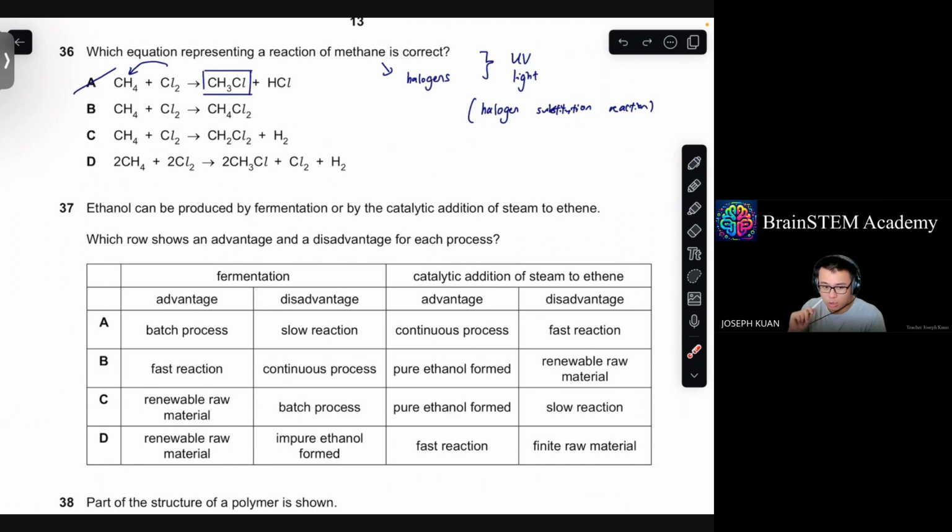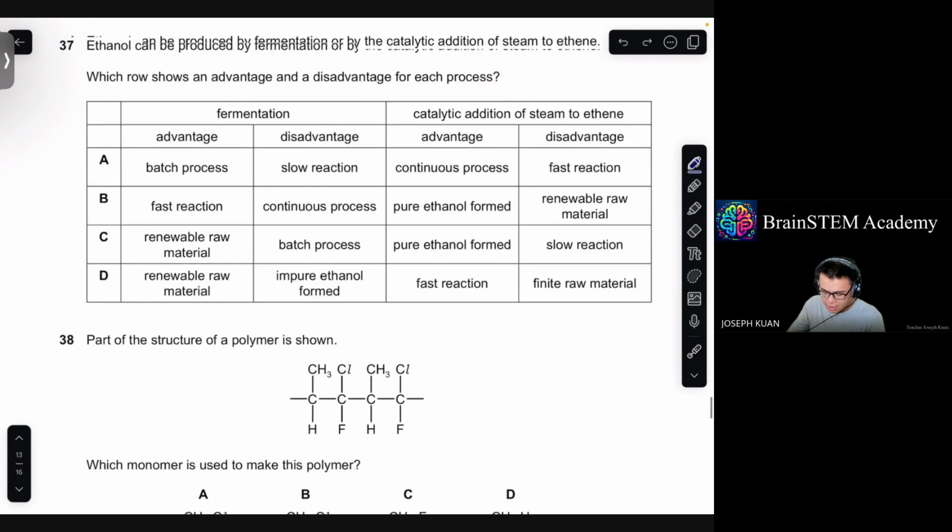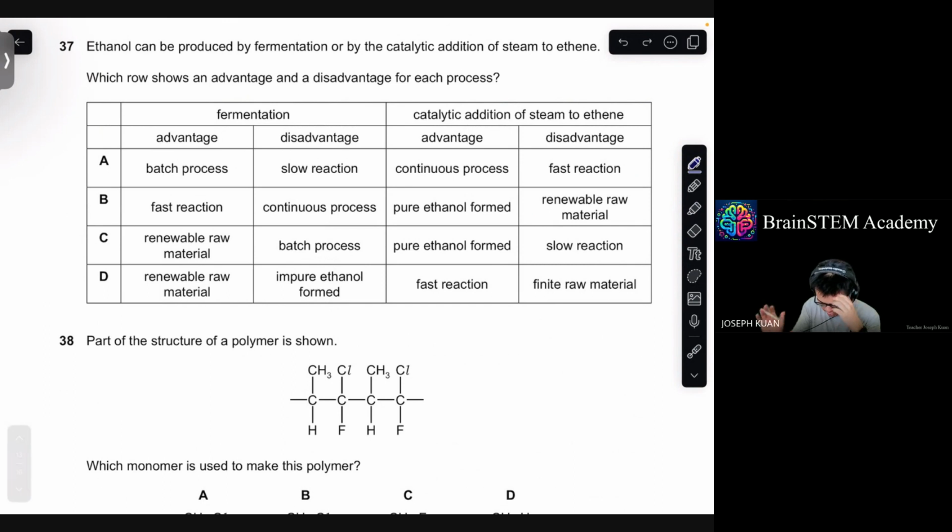Moving on to question 37. Ethanol can be produced by fermentation or by the catalytic addition of steam to ethene. Which row shows an advantage and a disadvantage for each process? Well, fermentation is a batch process because the microbes that assist in the fermentation will die, and then you have to replace them.